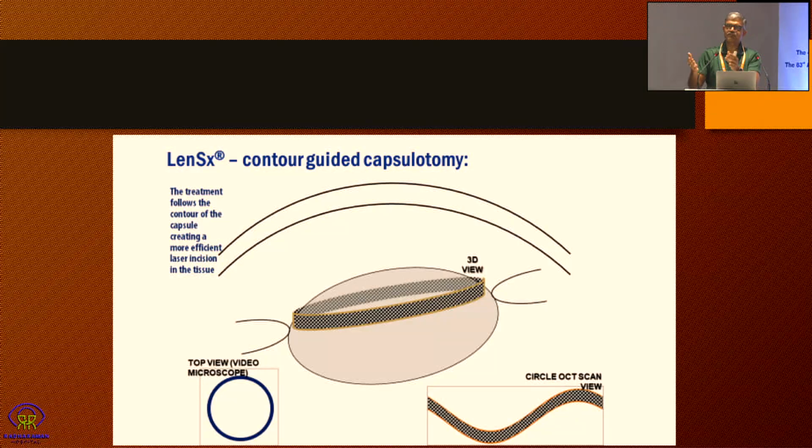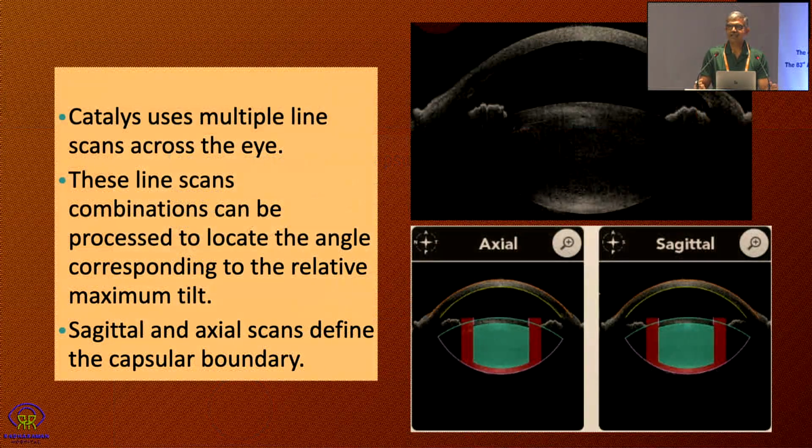So even if while docking the eye has moved a little, this is how the shape comes in, an S or sinusoidal shape. Then you can move your cursors to adjust to the highest and the lowest point. So even if there is a subluxation of some kind or there is a tilt of the head, it adjusts for that. And you can see that in the real-time live OCT imagery. So that's what the Lensex does.